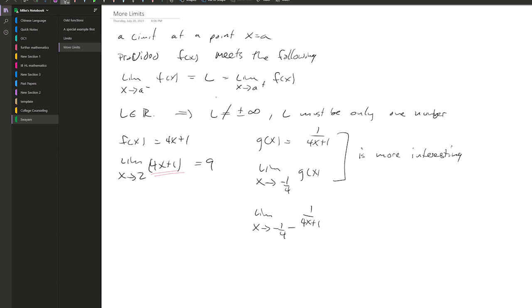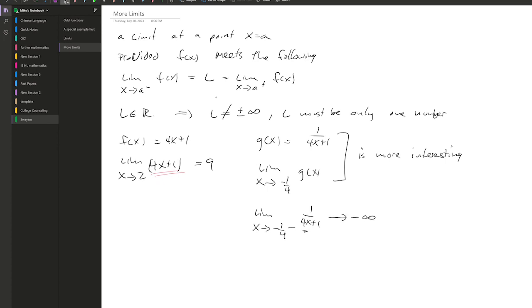So if I put in negative 1, I would have a negative number, and the closer I get to negative 1 over 4, the closer I get to 1 negative in 4x plus 1, and the closer I get to 0 on the bottom, which means this thing explodes and gets real big. So that all being said, what happens? Well, I have negative numbers making the whole thing negative. So this is a number approaching negative infinity.